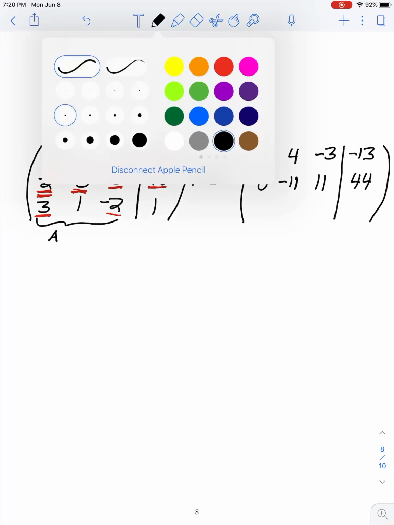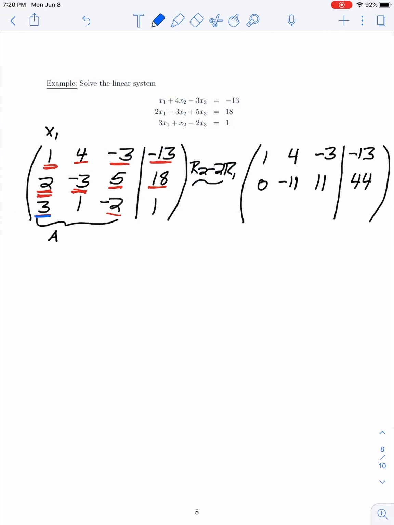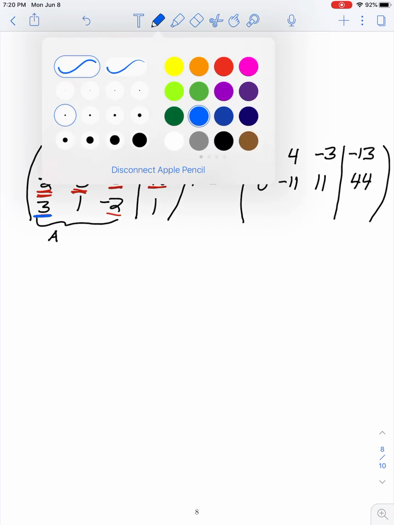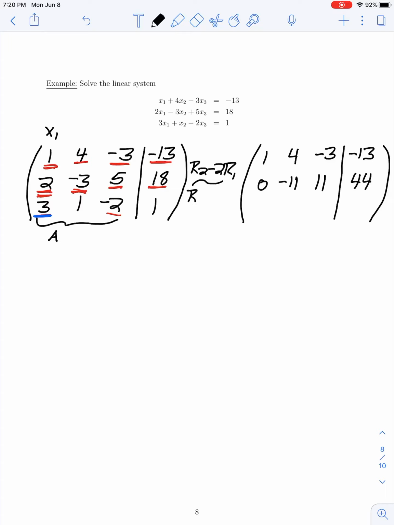Now in this same step, let me try to kill off the coefficient of 3 for x1 in that third row. An easy way to do this would be to take my third row and subtract from it 3 times the first row, or equivalently multiply row 1 by -3 and add it to the third row. So we would have a -3 plus 3 gives us 0. For our second column, we multiply 4 by -3, so -12 plus 1 gives us a -11.